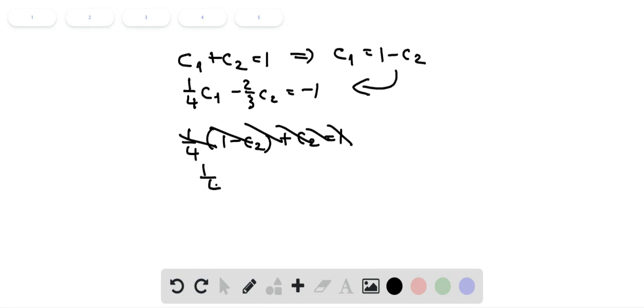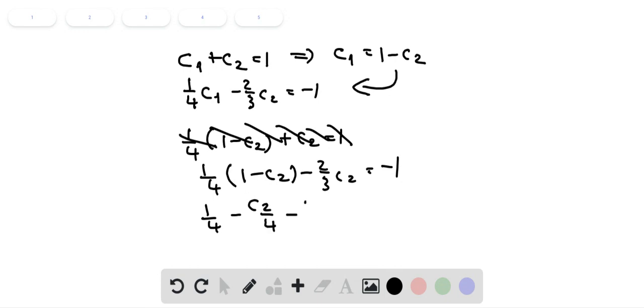So 1/4 times (1 minus c2) minus 2/3 c2 equals negative 1. That is 1/4 minus c2 over 4 minus 2/3 c2 equals negative 1.